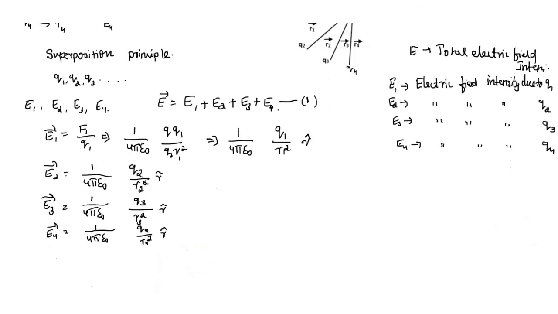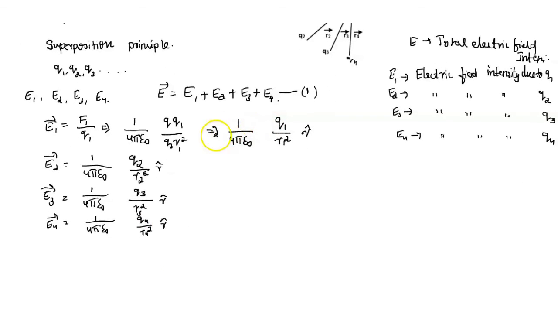So now we have all four equations. Now we need to substitute to calculate the total electric field intensity. In all four equations, 1 divided by 4 pi epsilon naught is common. So when we add these four equations, we can take the common term outside, that is 1 divided by 4 pi epsilon naught.